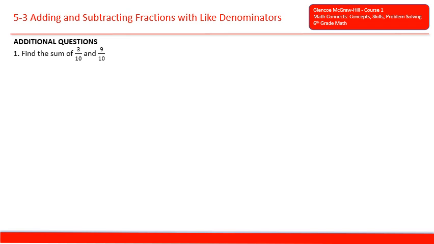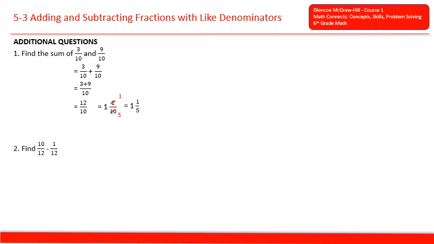Additional questions. The sum of 3/10 and 9/10. 3/10 plus 9/10 can be rewritten as 3 plus 9 over 10, which is 12 over 10. And we end up with 1 and 2/10. But we need to simplify that even more by dividing the common factor of 2, and we get 1 and 1/5.